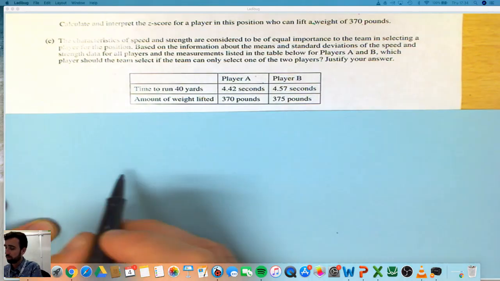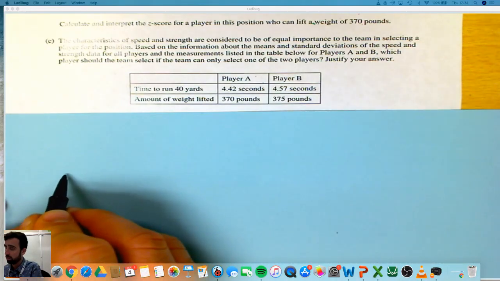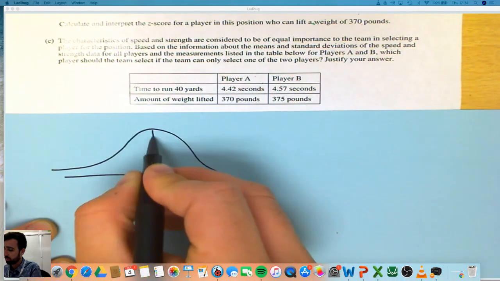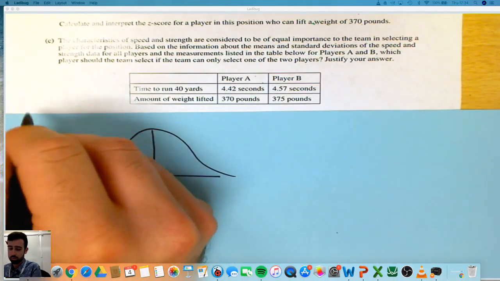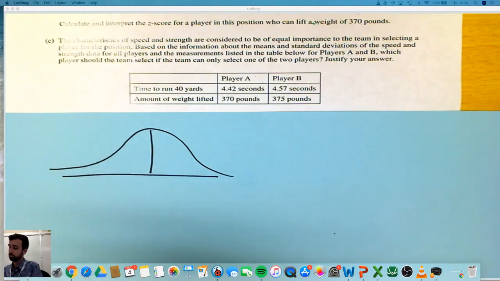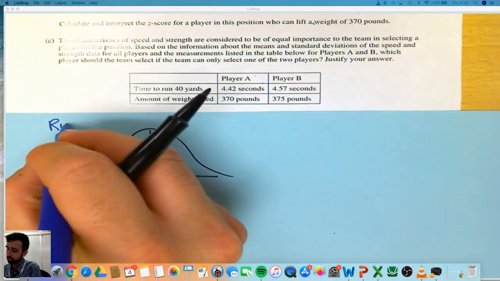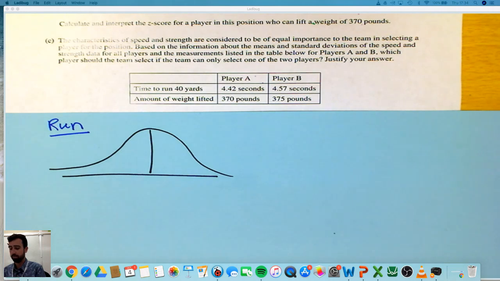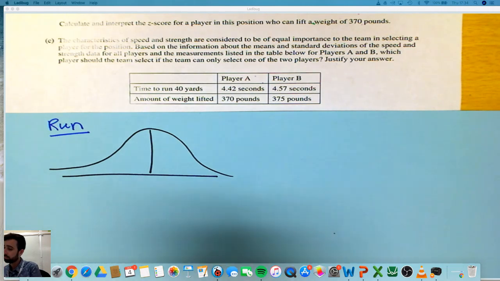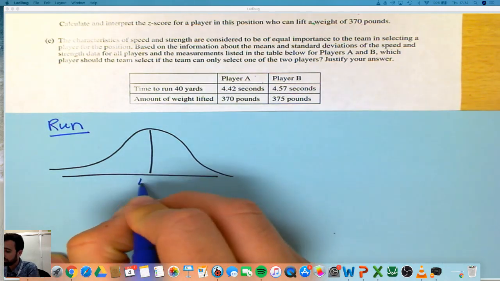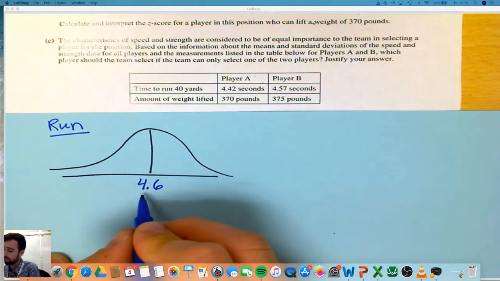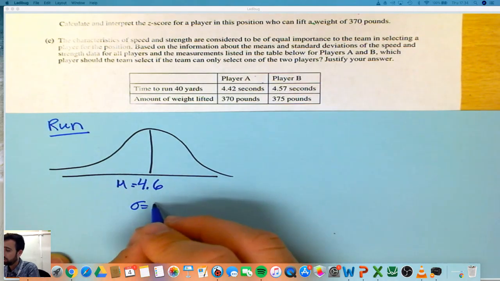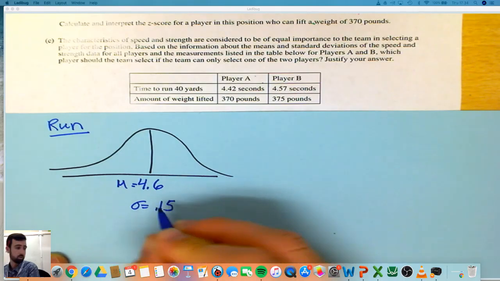So the first distribution we have is the run times. And when we have run times, we have our average as 4.6 and our standard deviation is 0.15.